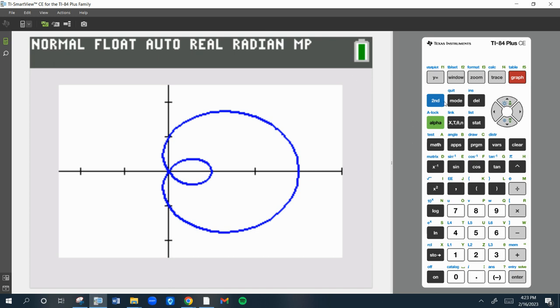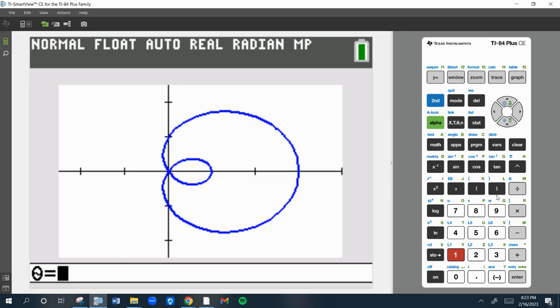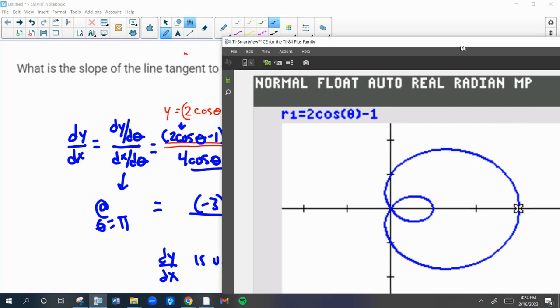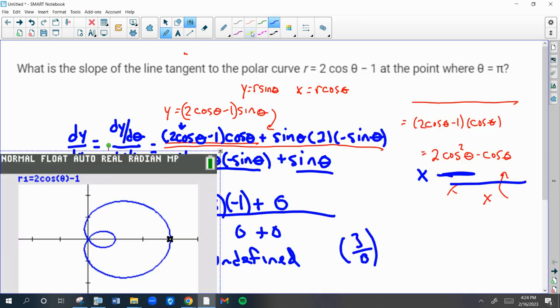You can just go second calculate and then find the value at pi, because it will locate pi for you. So second pi. And look, it was right there on the right edge, which would have a vertical tangent line, and thus the derivative is undefined, so that's good.